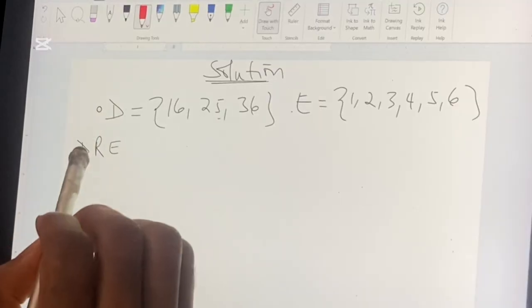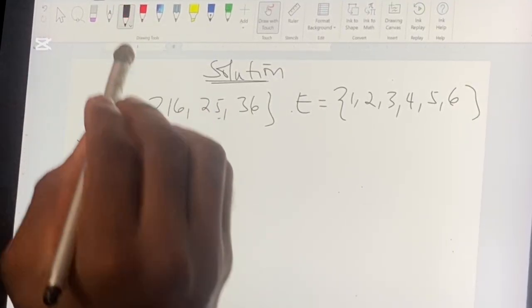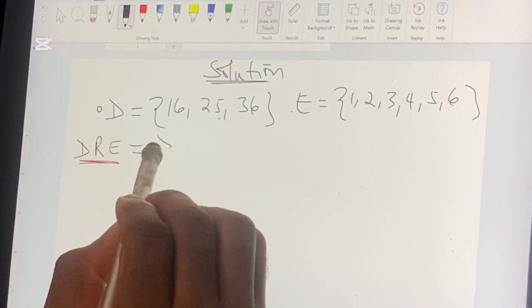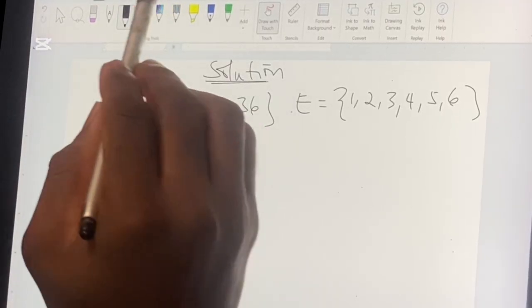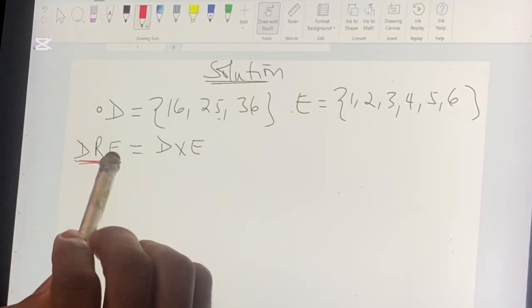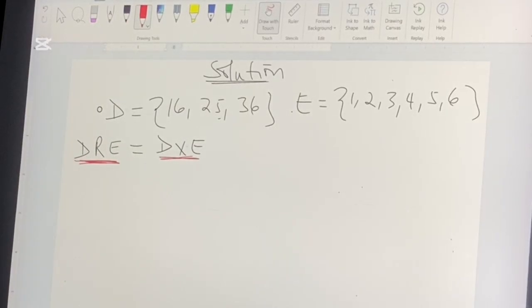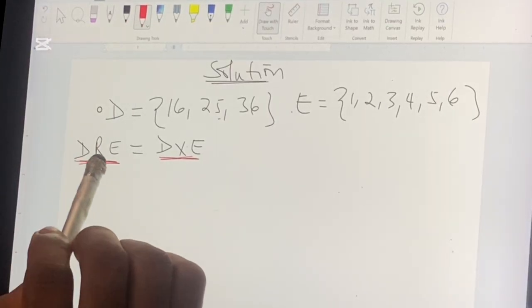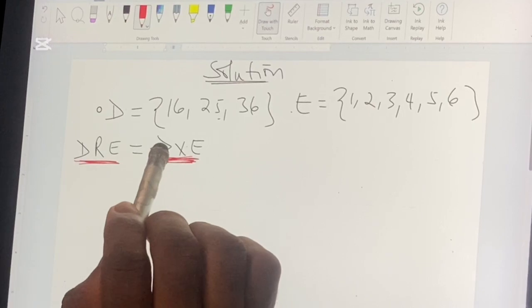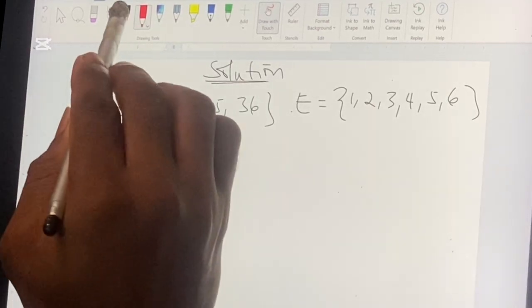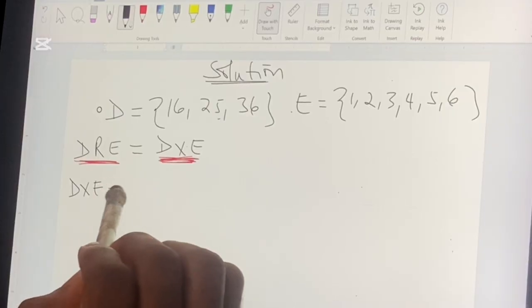This expression here, D relate E, is the same as, please take note, D cross E. So when we are relating two sets, it's the same as the Cartesian product of both sets. So now let's find D cross E. We have to replace the sets.